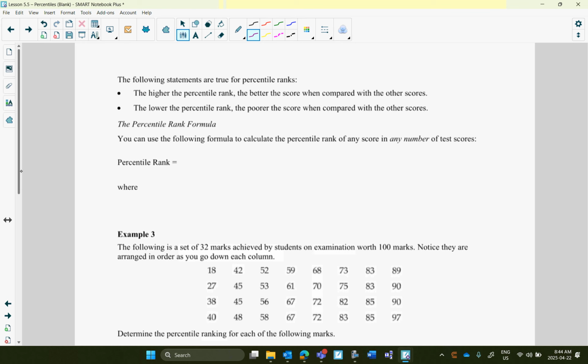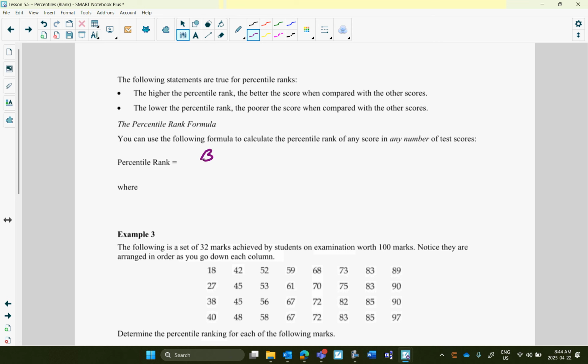Just like I said here, the higher the percentile rank, the better the data value or the better the score when it's compared with others. The lower, the poorer the score or data value when compared with the others. How do we calculate it? And this is a formula you would get.